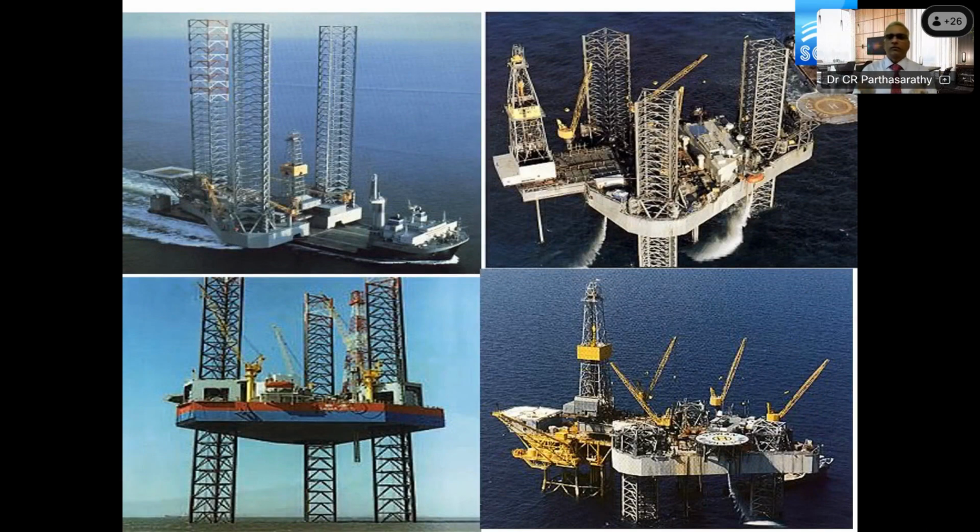Slowly, the entire ship is lifted out of the water, whereby the weight of the ship is transferred to the legs, and the legs start penetrating below the seabed. Once penetration stops, you raise the hull to the required air gap, then the cantilever will come out and they'll start drilling.